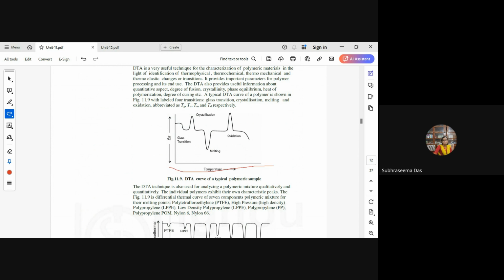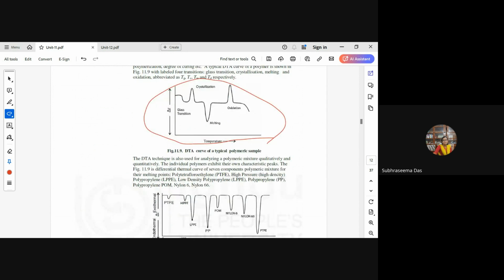If we look into figure 11.9, the graph shows the Tg, Tc, Tm, and Td of a polymeric sample. With the help of this, an unknown polymer can be characterized by these techniques.